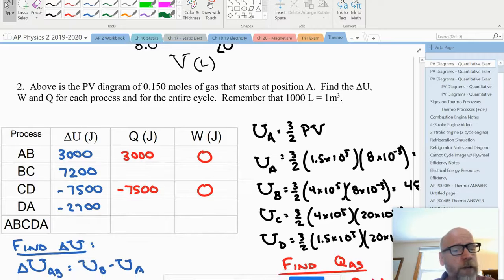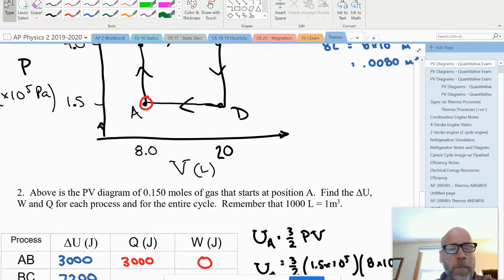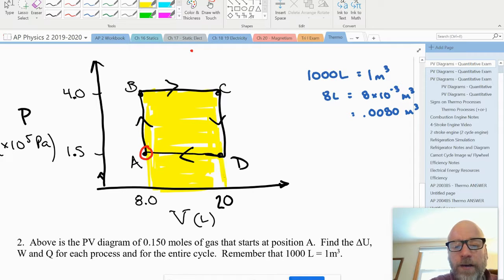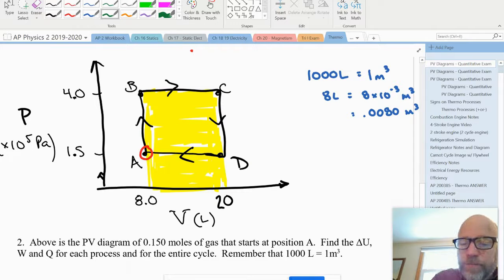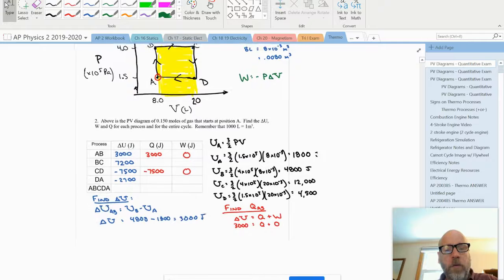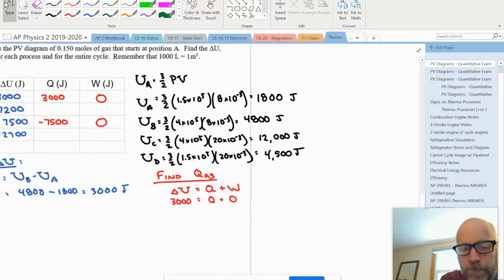Now, when I look at process BC, I see that it's an isobaric process. So I can find the area under the curve. The area under that curve goes all the way down to the bottom, and I can find that work done by doing W equals negative P delta V. So let's do that for process BC.